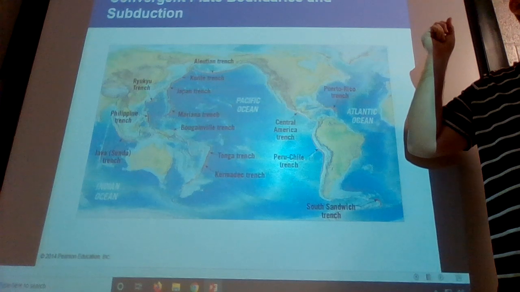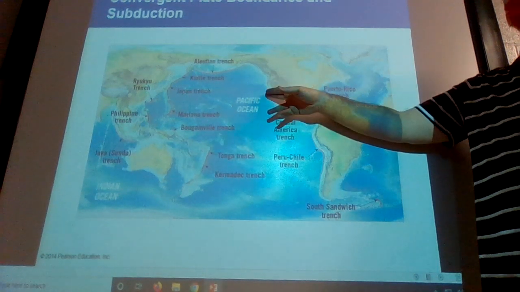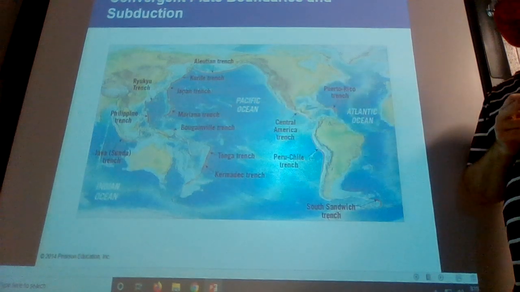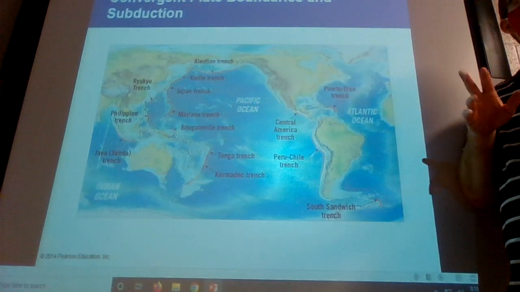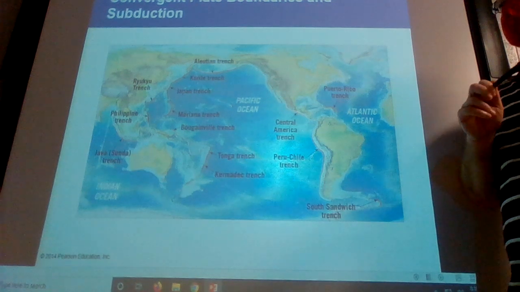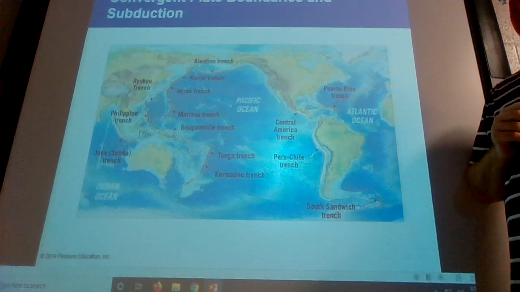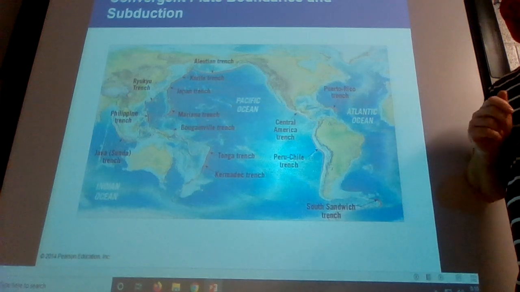But we have the San Andreas Fault, which is more of a transform fault in California and a large portion of our western seaboard. That protects us a little bit from those volcanoes and those really strong earthquakes. But eventually that will probably change and we will get back to subducting.